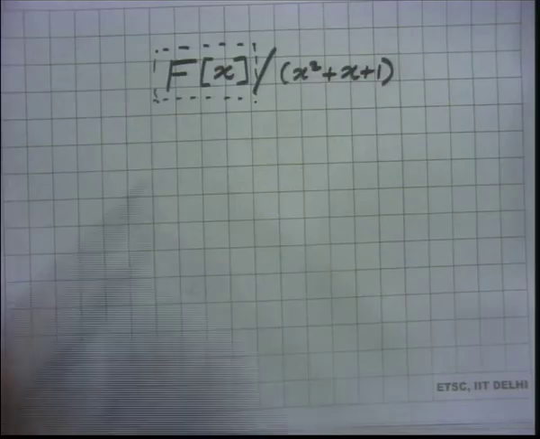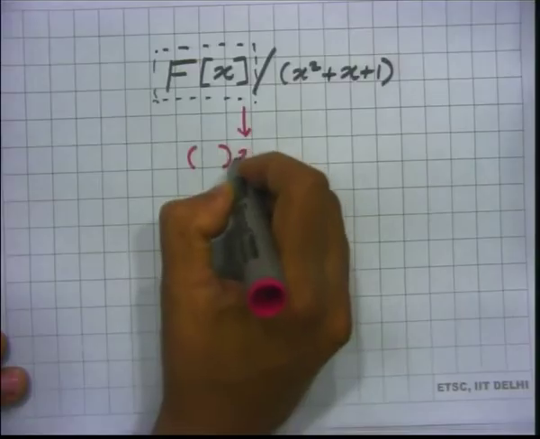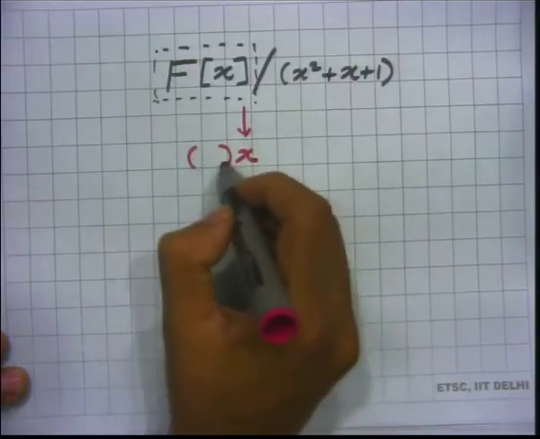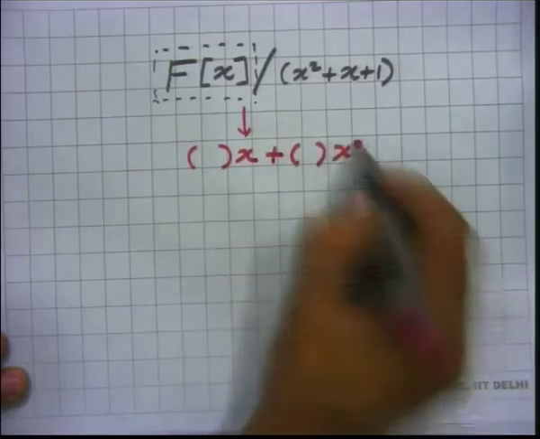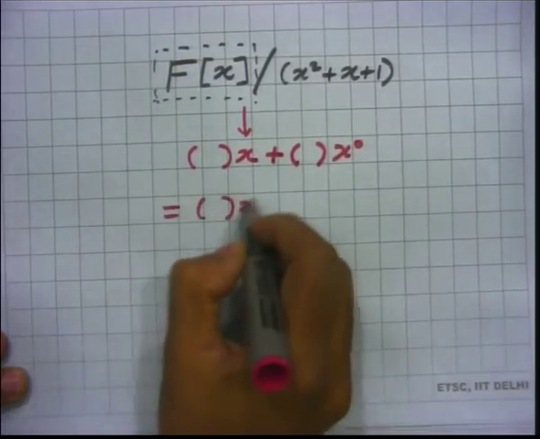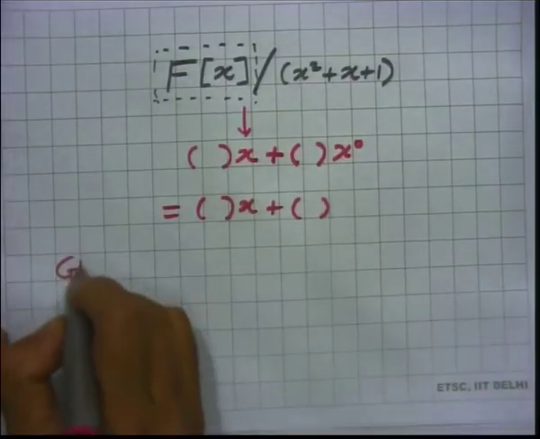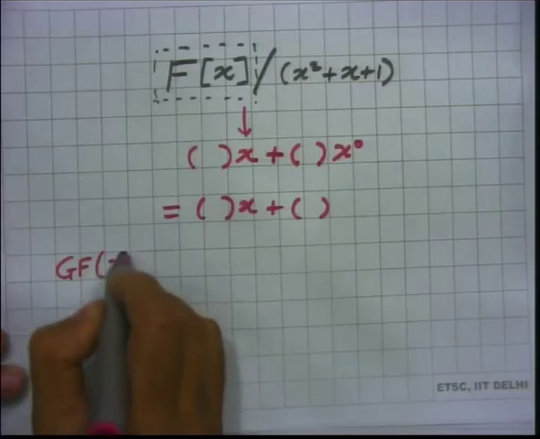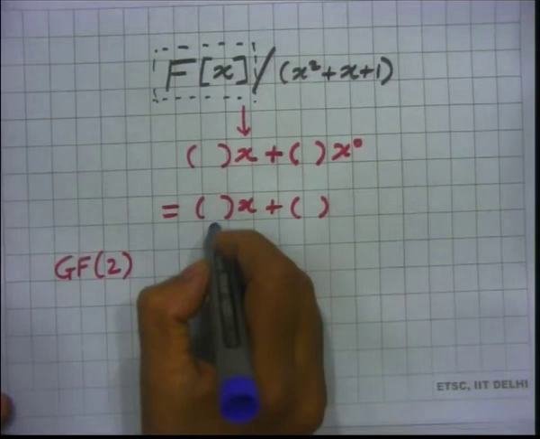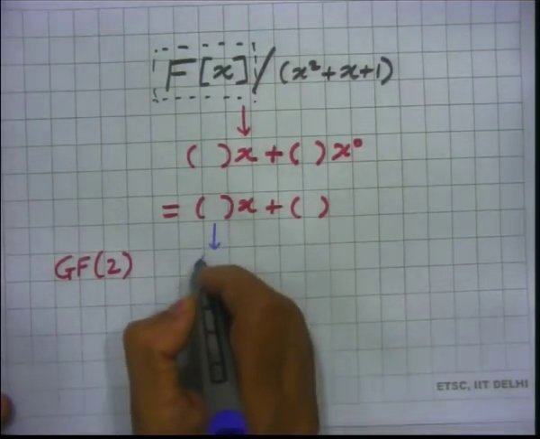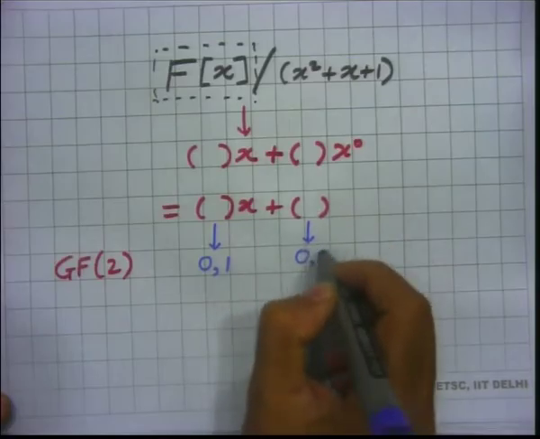If you look at this, the residue will be some polynomial with a coefficient times x plus another coefficient times x raised to the power 0. Since we are looking at GF(2), we will have 2 possibilities for this location, either a 0 or a 1, and again 2 possibilities, 0 or a 1.